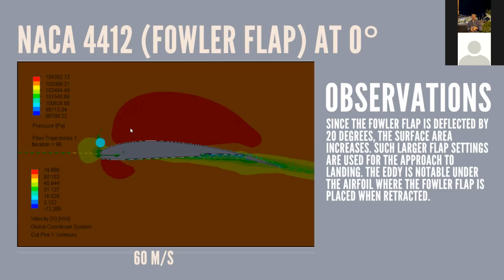Furthermore, such larger flap settings are used for the approach to landing. Yung circular movement po or yung eddy is notable under the airfoil where the flap is placed when retracted.